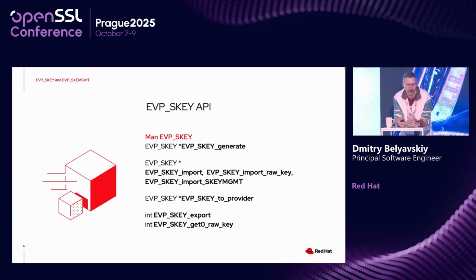When designing the API, we decided not to follow the EVP_PKEY approach where you allocate the object and then assign some values in this or that manner. So you have just a one-shot operation for creation of a fully usable EVP_SKEY object.